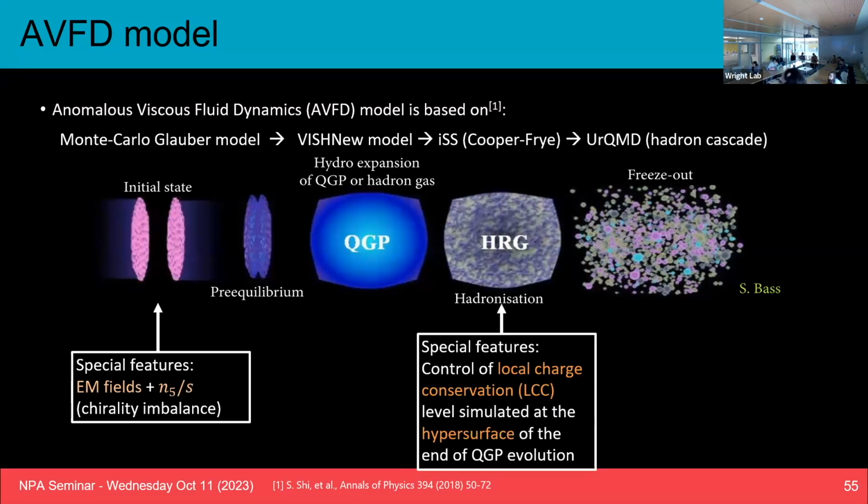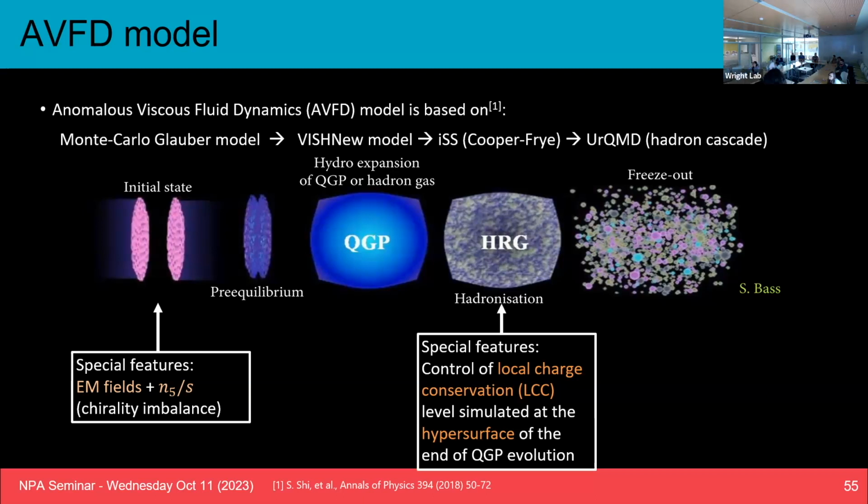What is special about this model is that it is dedicated to the CME. You have a special feature in the initial state: the electromagnetic field is also simulated, and you can inject a chirality imbalance, which they call N5 over S, where S is the entropy.